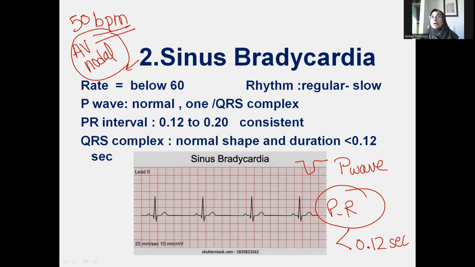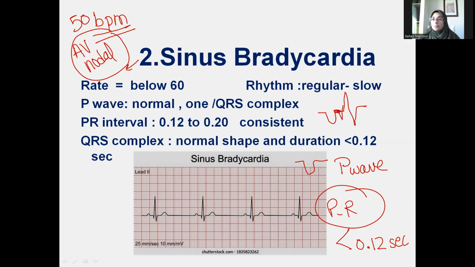Why would the P wave be absent? The P wave would be absent just because the PR interval has become so short that the QRS complex is superimposed on the P wave, meaning that if this is the inverted P wave of the AV nodal rhythm, and this is the QRS complex, this is the PR segment.